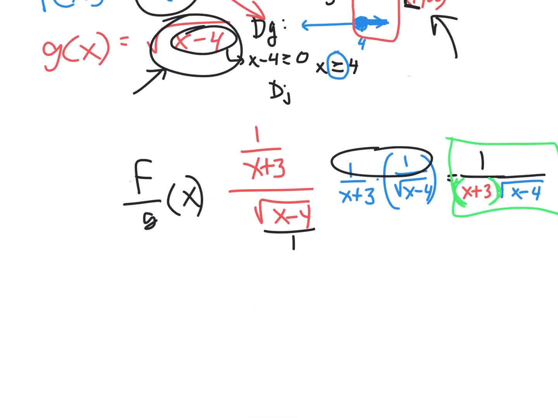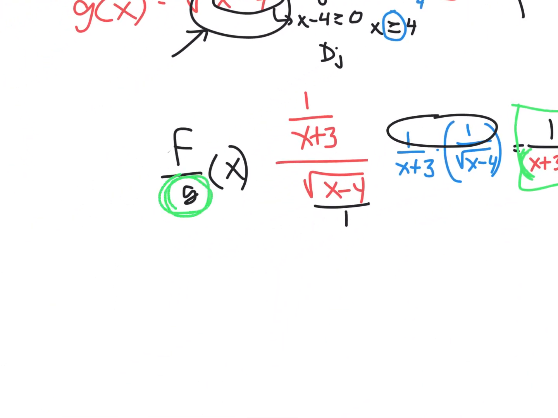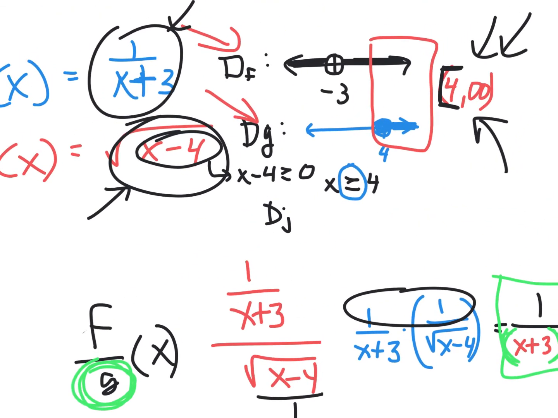Do you agree that when I put g on the bottom, the g function can no longer be 0? Was it illegal for g to be 0 before? No, the g function right here was fine for it to be 0 until now. Now this function can't be allowed to be 0 because it's on the bottom. So even though 0 would have been okay before, now we can't have 0.